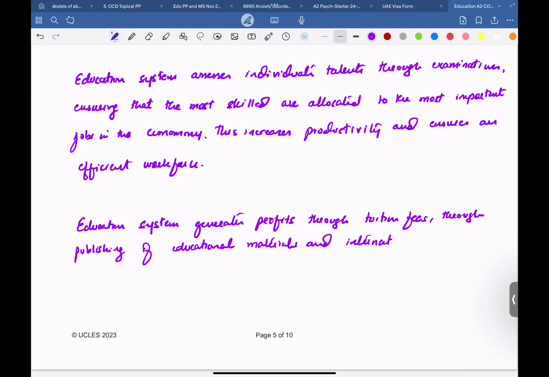Because if we talk about the UK, they generate a lot of revenue through international students.